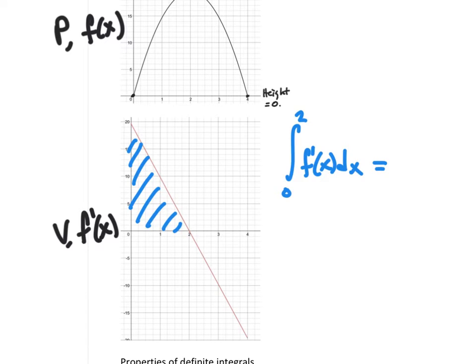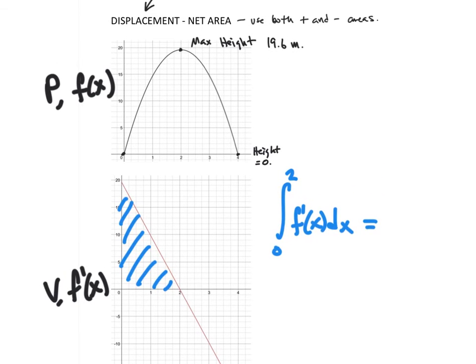And the question is how far did that object travel between 0 and 2? And we can take a look at our position graph here, and we know that over 2 seconds, we have traveled a distance of 19.6 meters, okay?